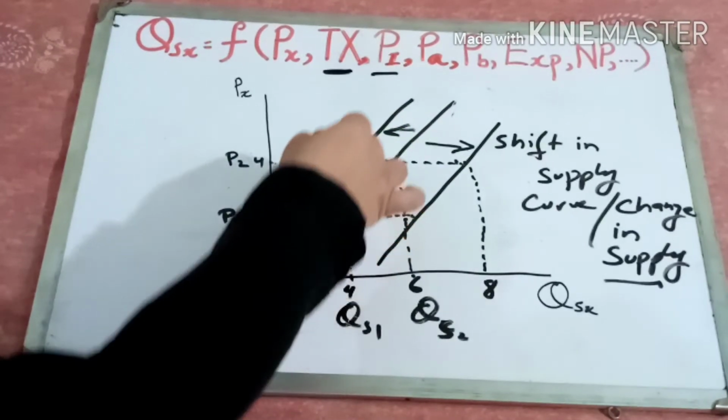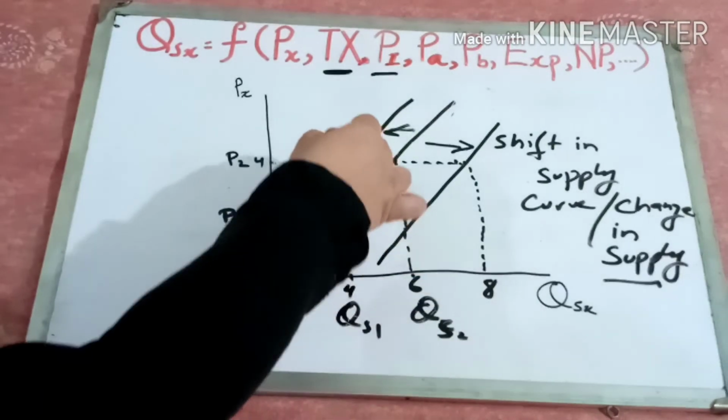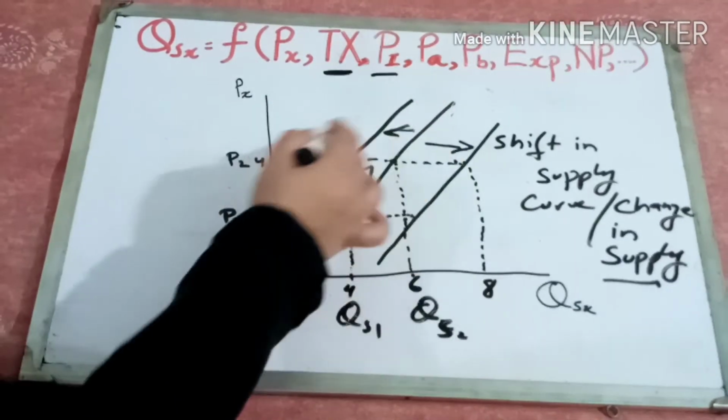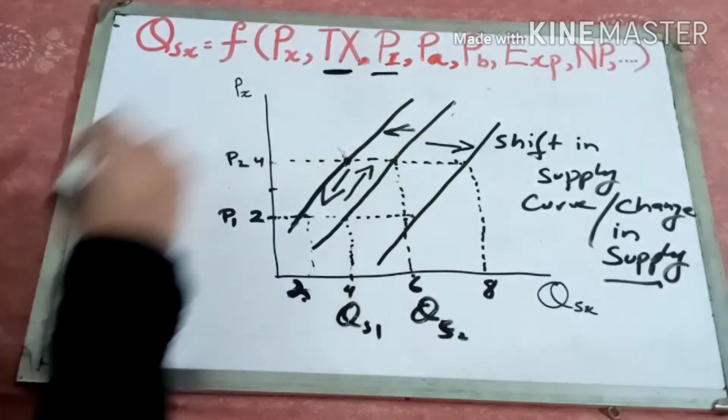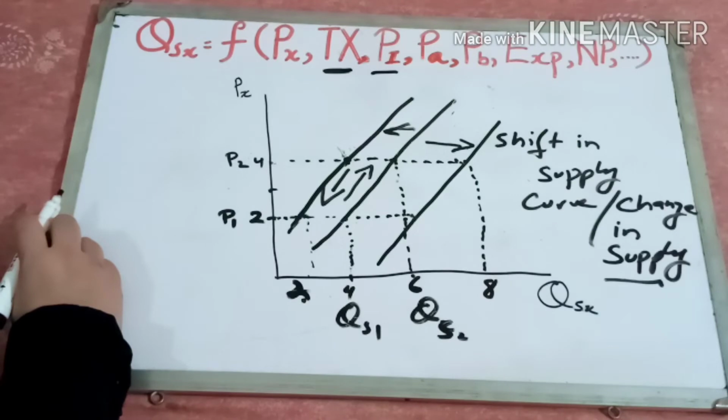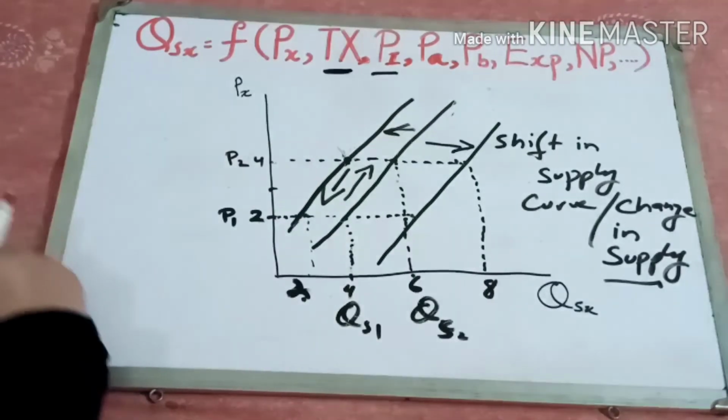Now they are willing to supply 4 units at the $4 price. So this is the inward shift due to the increase in input prices.